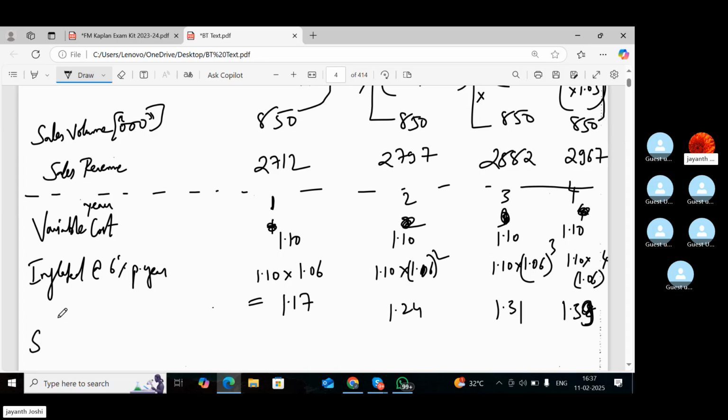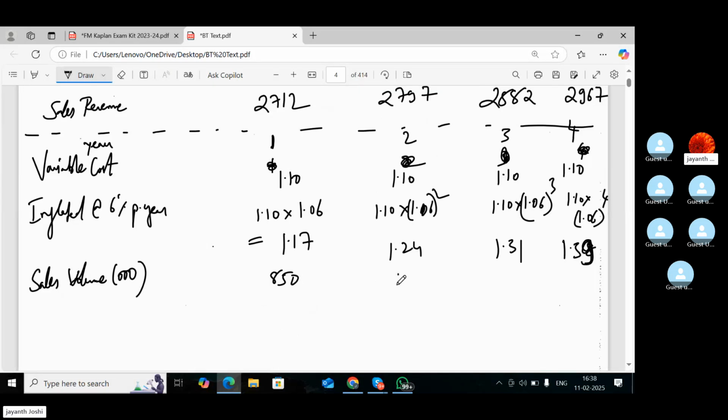We will multiply the variable cost with sales volume to get the variable expenses or variable cost. So 3 zeros are omitted. You may be knowing. 850 units, 850 units. Multiply them.